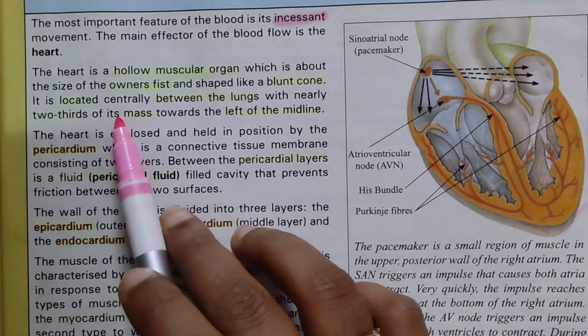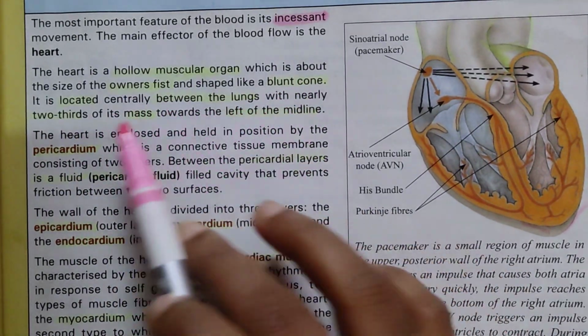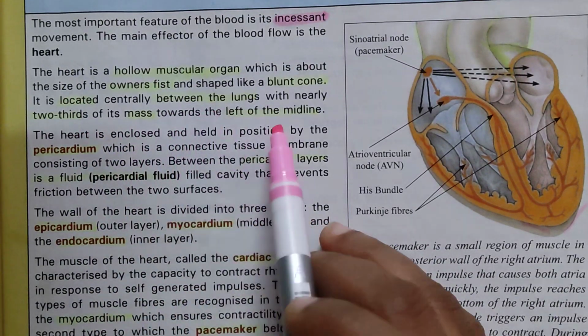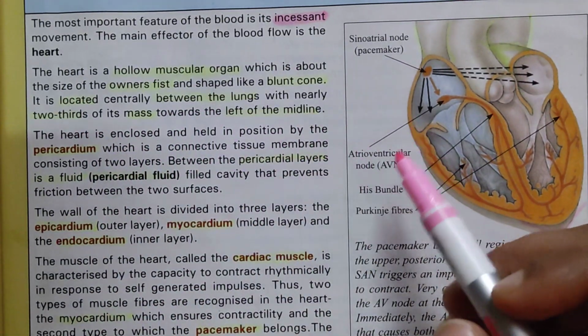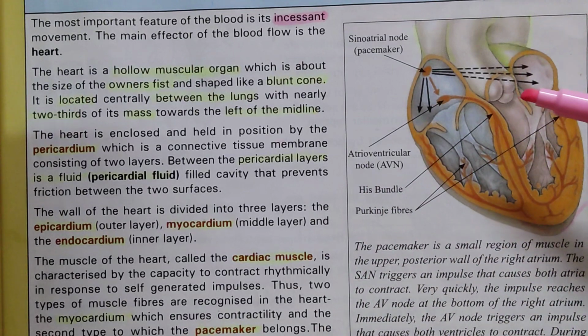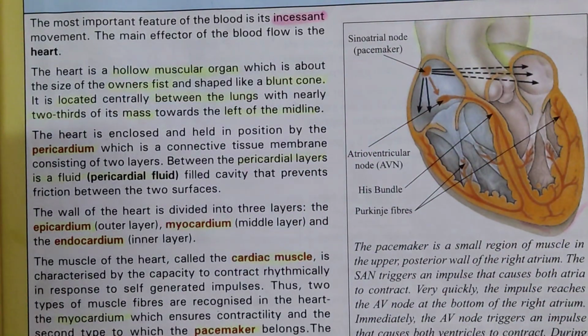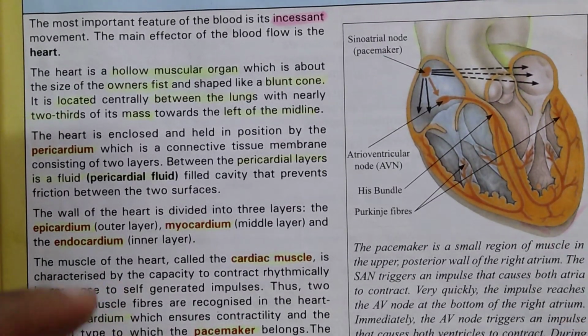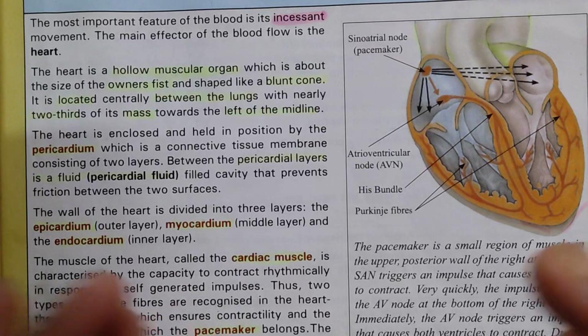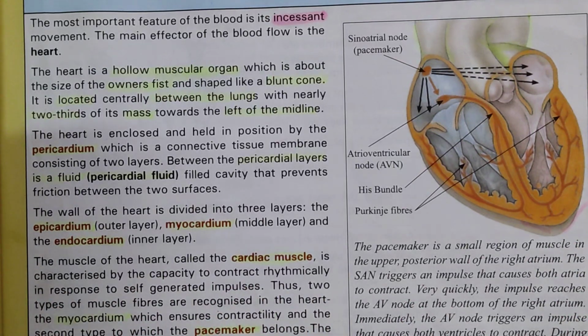It is located centrally between the lungs with nearly two-thirds of its mass towards the left of the midline. See, it is located centrally. We say that the heart is on the left side, but that is not the case. It is centrally placed, but a little bit tilted towards the left side.